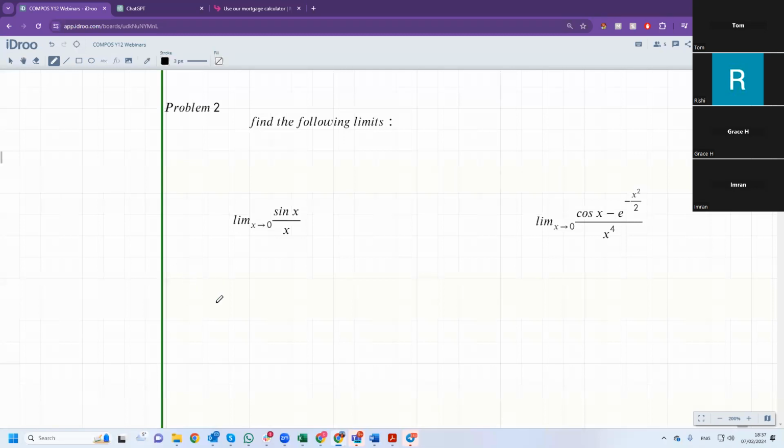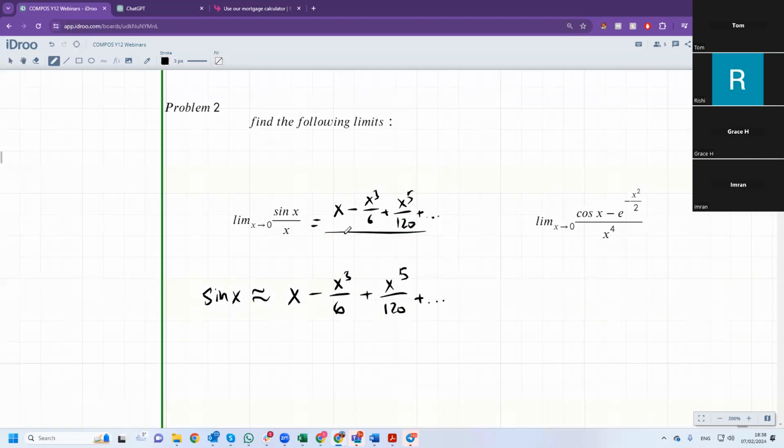Just to remind you, sine x can be approximated using the Taylor expansion as x minus x cubed over 6 plus x^5 over 120 plus etc. If we plug that in, the x over x cancels, so it's going to be 1 minus x squared over 6 plus x^4 over 120.